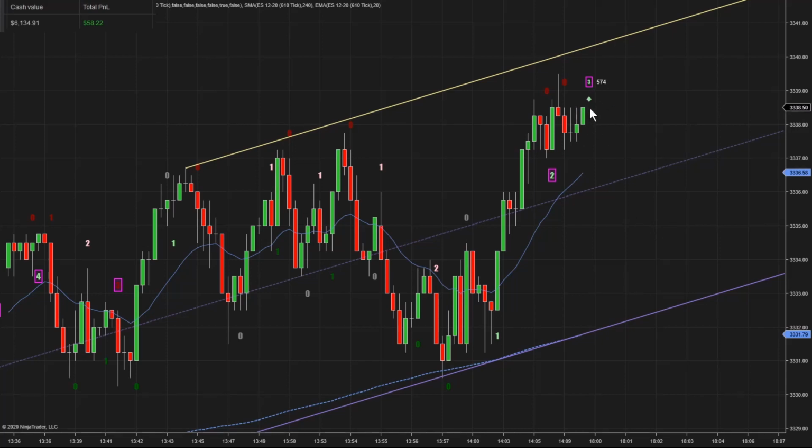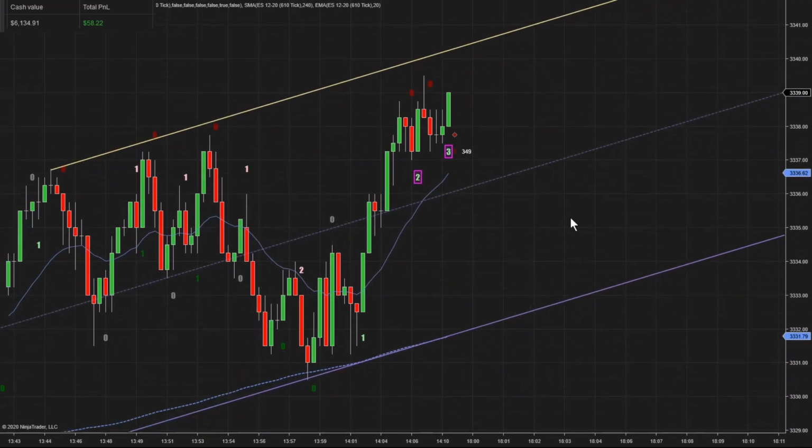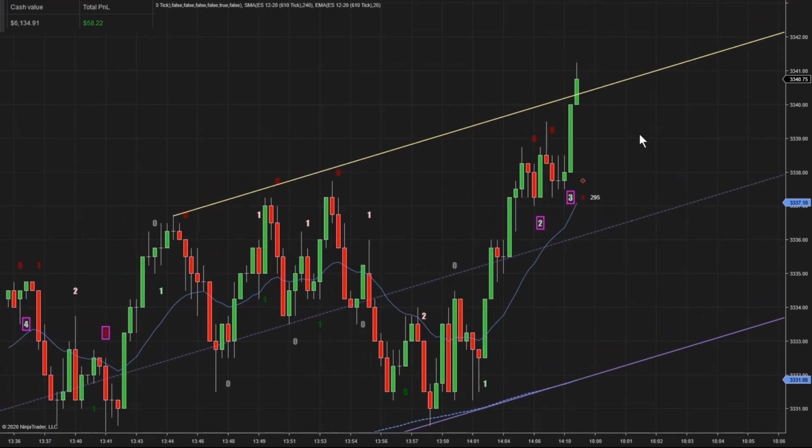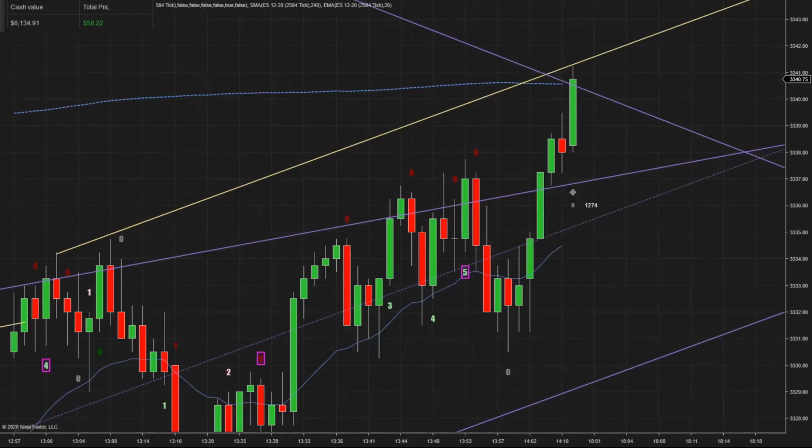Alright, hopefully it'll make its push up here after it triggers this trap up to near the yellow line, and I will look for a short opportunity. Okay, popped up, triggered a trap, popped up here, gave me a good signal bar, hitting the triple resistance here.